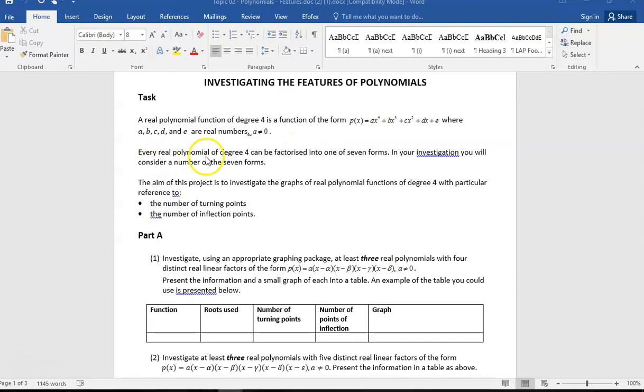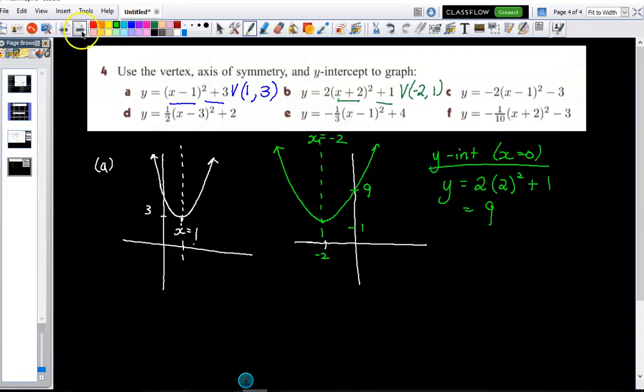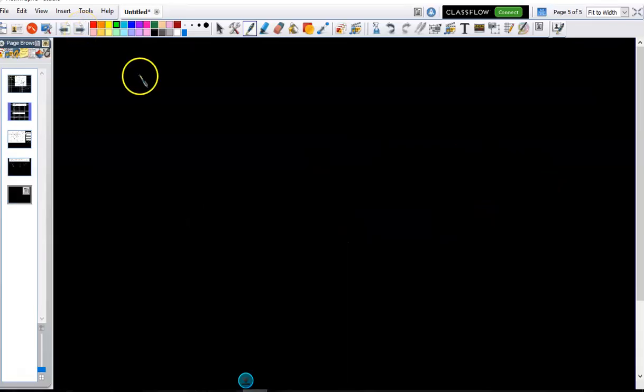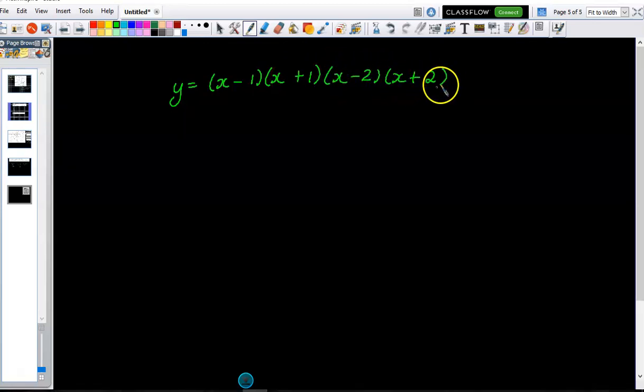Now, every real polynomial of degree 4 can be factorized into one of 7 forms. What do we think are these 7 forms? Well, would you agree we can have this form? x take 1, x plus 1, x take 2, x plus 2.